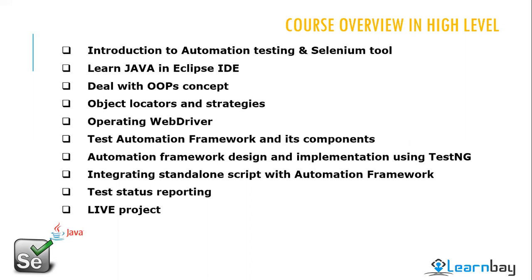We will work end-to-end with the WebDriver interface and try to understand what exactly the WebDriver interface supports. We will work on test automation framework and what kind of components a framework needs in order to run your test cases from scratch. You can build your test cases and then execute them, manage your dependencies, run an entire test suite, generate test reports, and so forth.